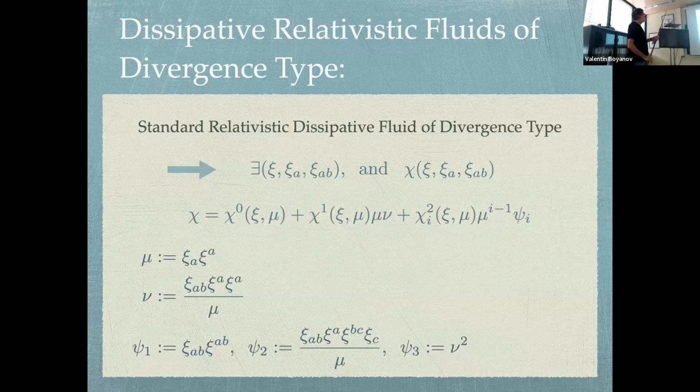First order will be your perfect fluid, with some equation of state. This order will give you some constitutive relations, like saying that the heat flux is proportional to the gradient of the temperature, and so on. And this is going to be what will give you the hyperbolicity of the equations, the second sounds, and so on.